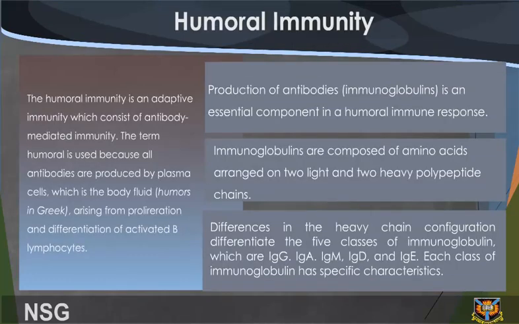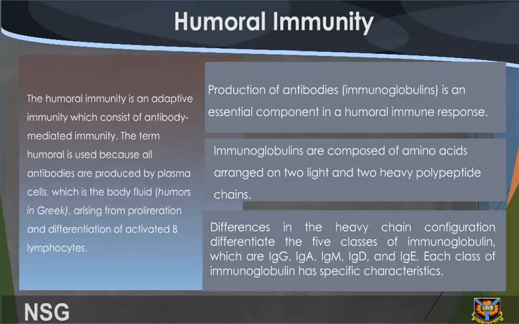Humoral immunity. Humoral immunity is an adaptive immunity which consists of antibody-mediated immunity. The term humoral is used because all antibodies are produced by plasma cells in the body fluid, the humors in Greek, arising from proliferation and differentiation of activated B lymphocytes. Production of antibodies, immunoglobulins, is an essential component in a humoral immune response.